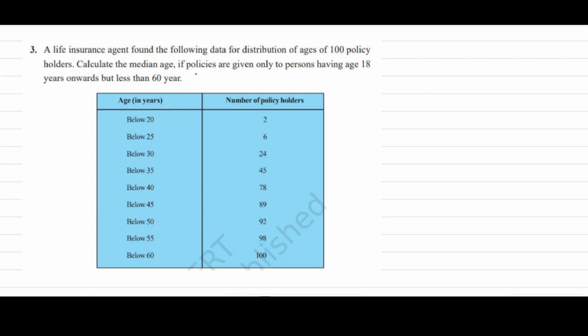But there is a clue. If policies are given only to persons having age 18, we should arrange this as a class interval.